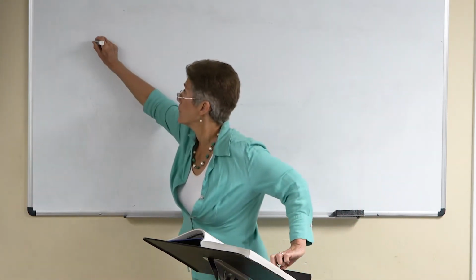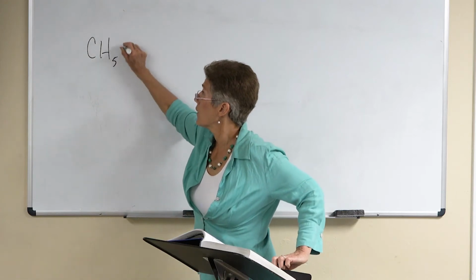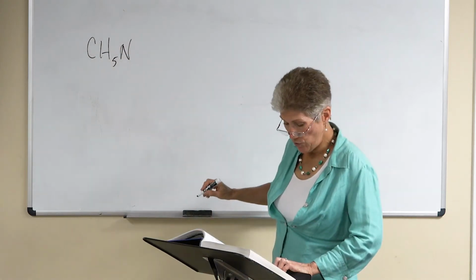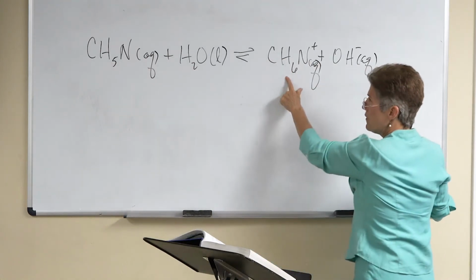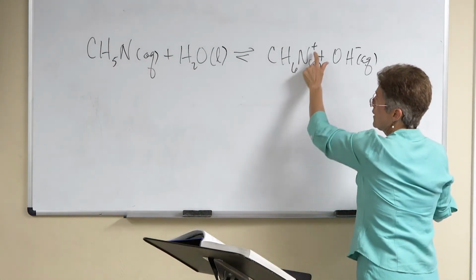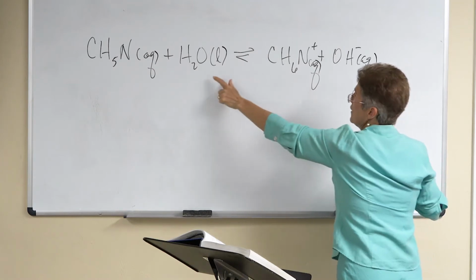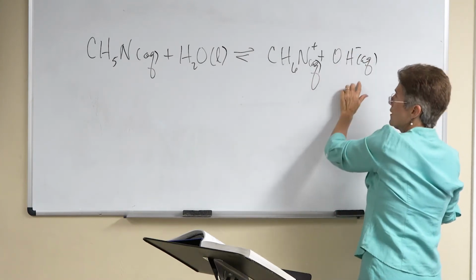Number 17, what is the equation for the base ionization constant of CH5N? And this time we're doing a base. Because we're doing a base, this guy is going to receive the proton, the hydrogen, and therefore it'll get the positive. This is going to be left as OH, it will get the negative.